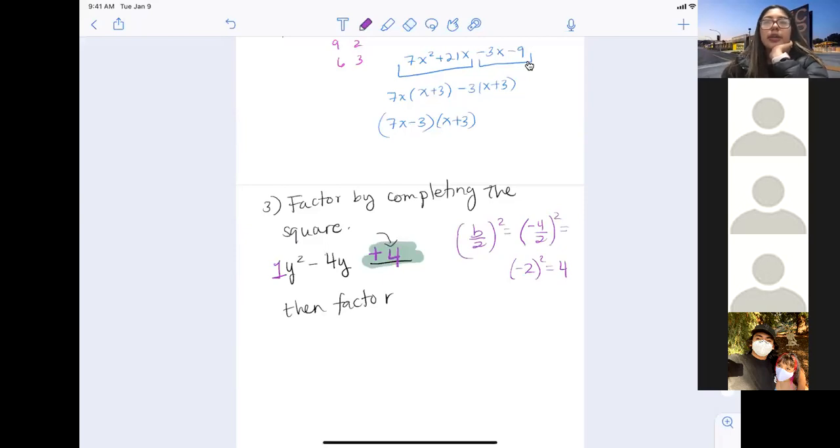In yours, if it's a negative, then you put a negative. It's usually going to be a positive because when you're squaring a negative, you still get a positive. So you don't have to put the plus sign. Is that clear? So when you're submitting your answers on MyMathLab, like you usually do on your test, don't put +4, just put 4.